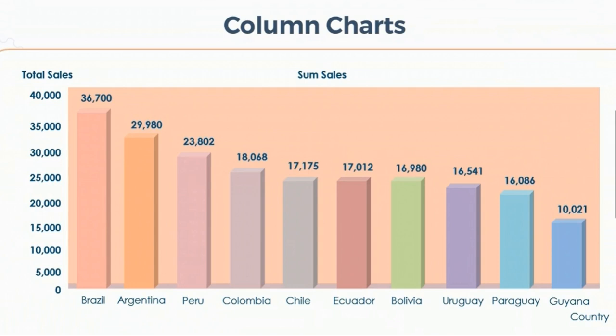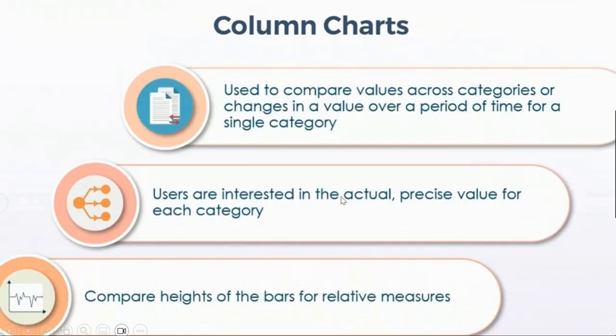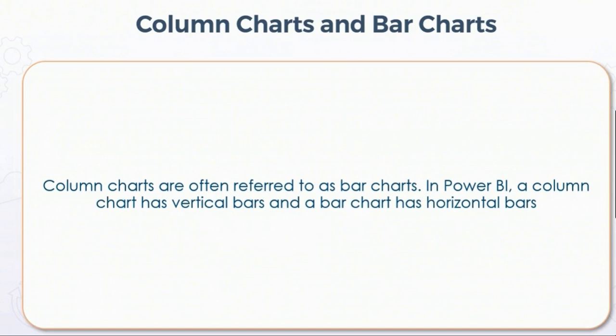As we go back, we can see Colombia has a little more sales than Chile, and Peru has more sales than Colombia. Not a little, but more than a little. We have a difference of 5,000. So for comparative or relative analysis, we can use a column chart.